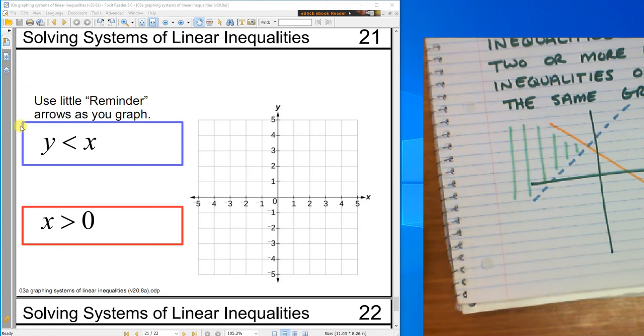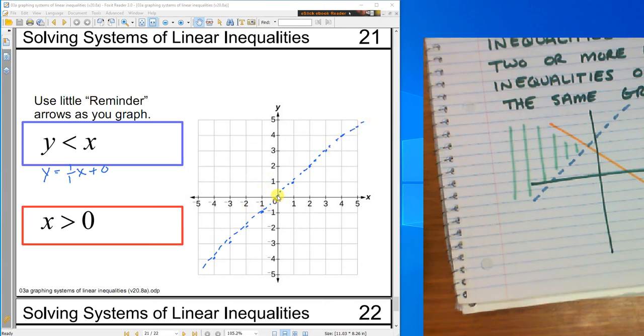Let's do this one. This is just y equals 1 over 1 x plus 0. So I have a line that's coming through like this. And it's dashed. Let's test it.